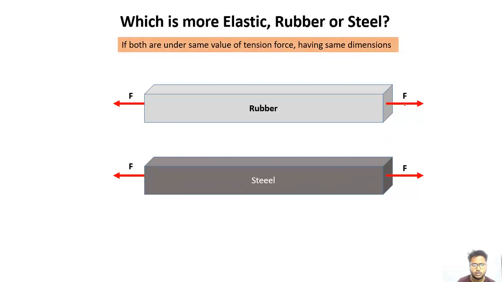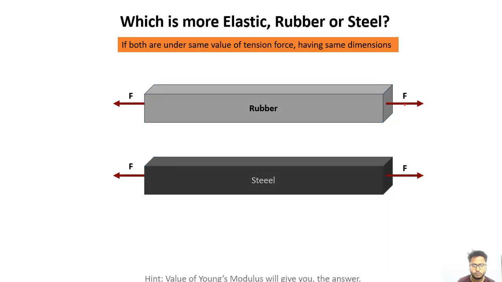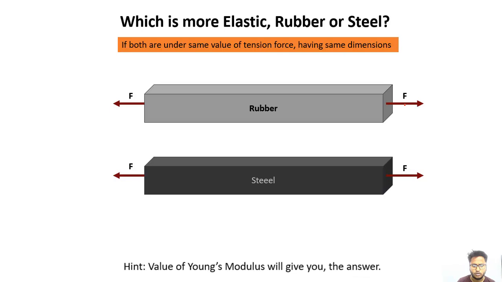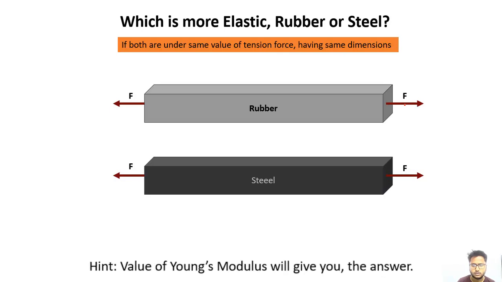If both are under the same tension force, having the same dimensions, what will your answer be? I'm also giving a hint: the value of Young's modulus will give you the answer.